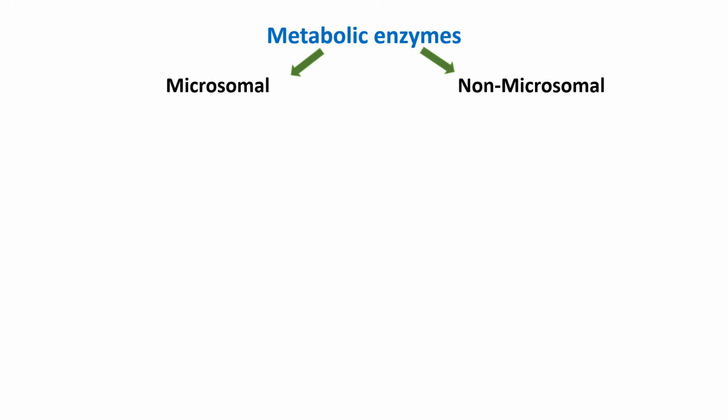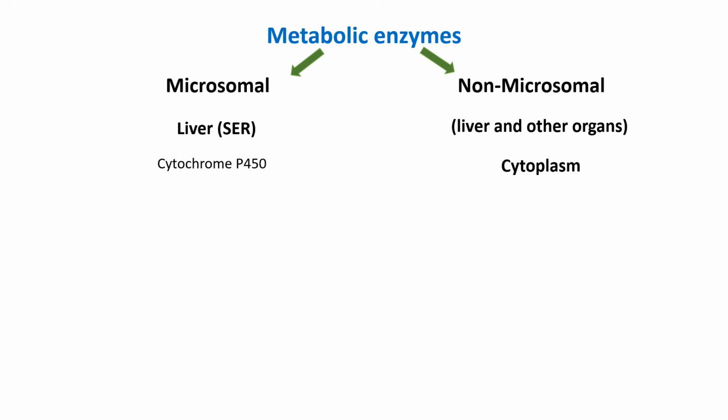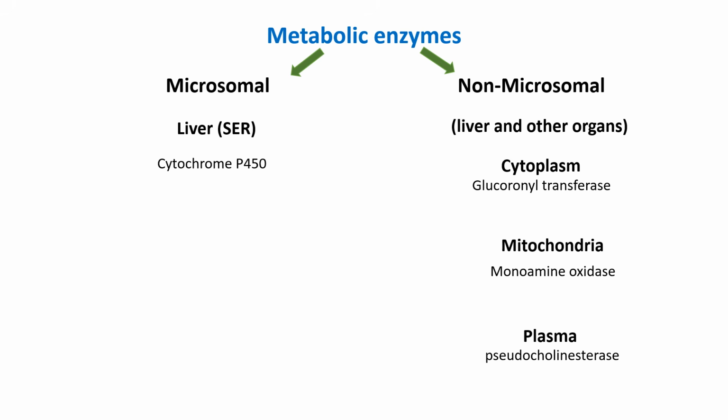Microsomal enzymes are primarily located in smooth endoplasmic reticulum, particularly in the liver. The most notable microsomal enzymes are the cytochrome P450 family of enzymes. Non-microsomal enzymes are found in various locations throughout the body, including the liver. These include cytosolic enzymes like alcohol dehydrogenase or glucuronyltransferase, mitochondrial enzymes like monoamine oxidase, and plasma esterases like acetylcholine esterase and pseudocholine esterases.